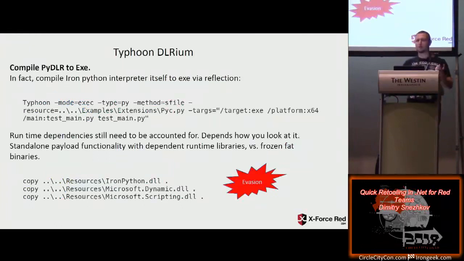You can even compile the Python REPL itself in Python and generate an x64 executable on the machine. So you don't need to bring in your Python 2.7, 3.6 for Windows and have this huge distribution there. You can actually compile it.